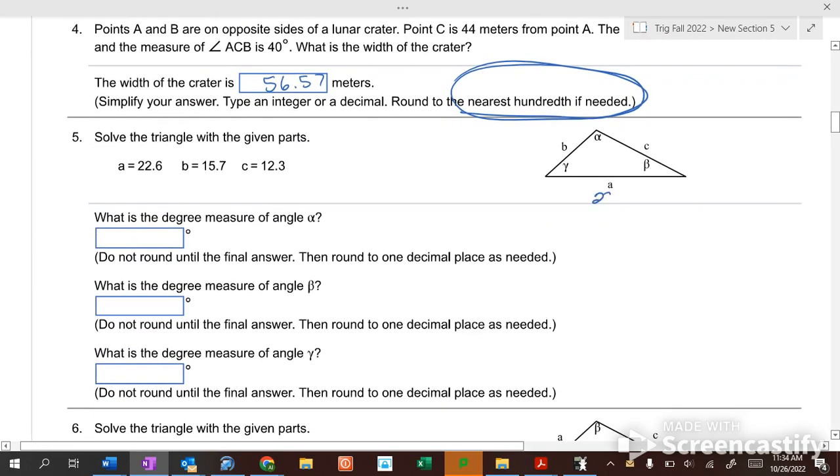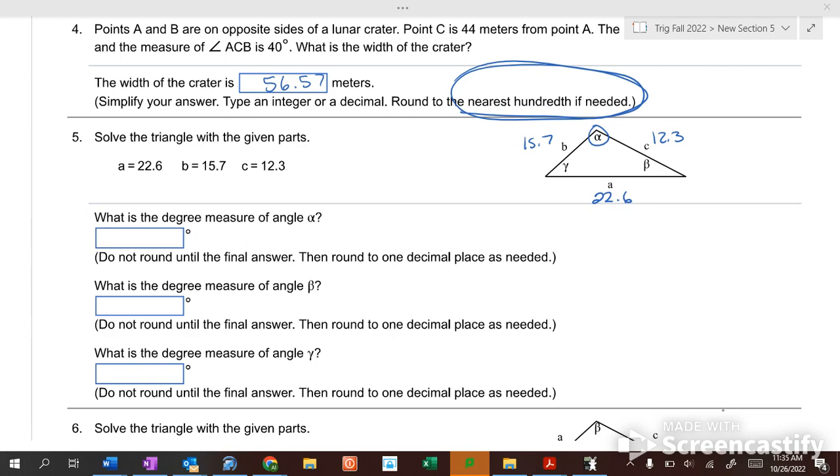Look, we have this side, which is 22.6, this side, which is 15.7, this side, which is 12.3. Side, side, side is law of cosines. I like to find my biggest angle first, especially if it's obtuse. Find the biggest angle first when you have side, side, side. So if I want to find alpha, I go a squared equals b squared plus c squared minus 2bc cosine of alpha.